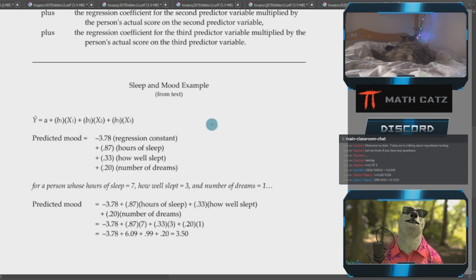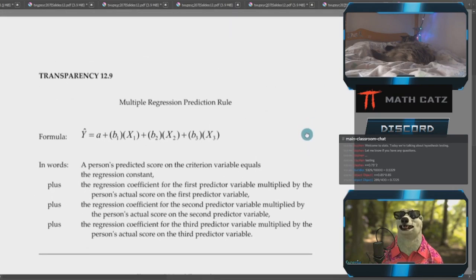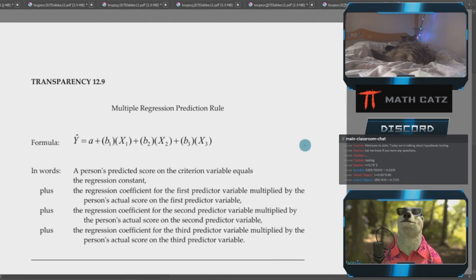And the more variables you can include, of course, the better your prediction is going to be. So just be aware of multiple regression, but by hand, it's a little bit too much, but it's just an extension of what we have talked about so far.